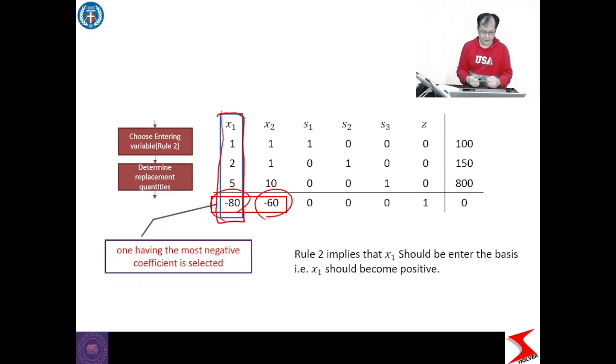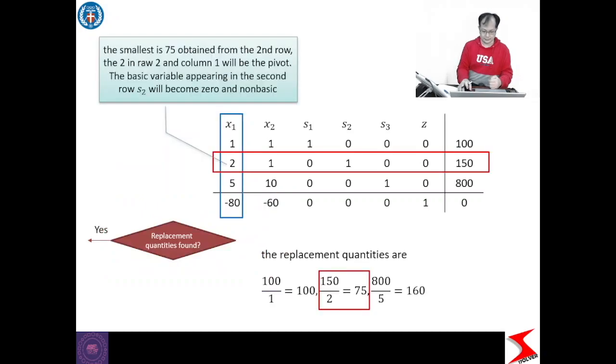Okay, and the next one is to calculate the replacement quantities to determine the leaving variable. So we use 100 divided by 1, 150 divided by 2, and 800 divided by 5.